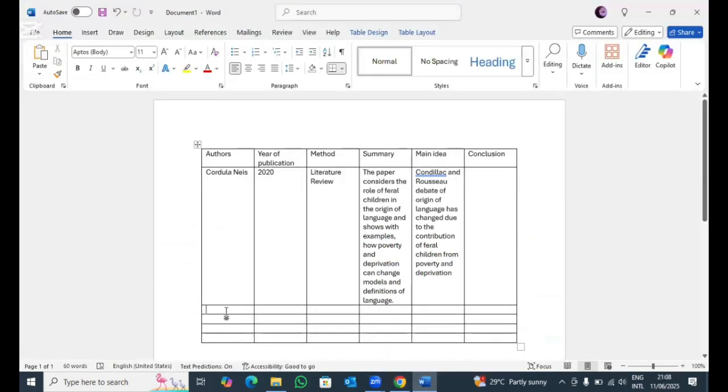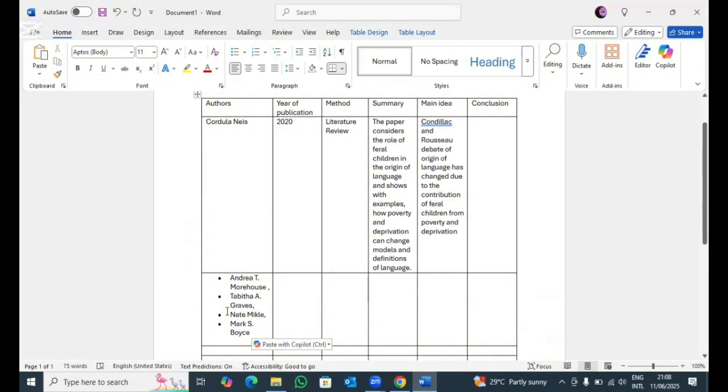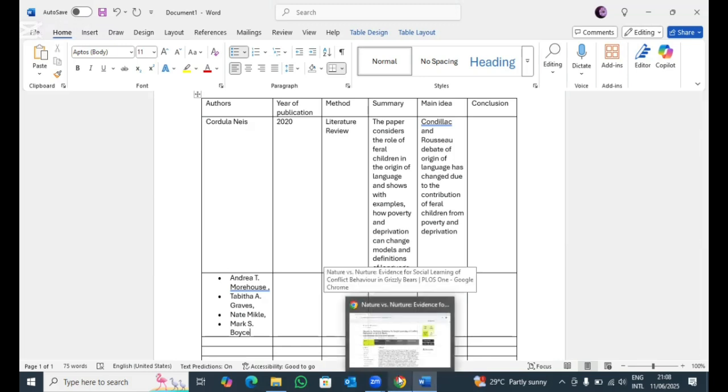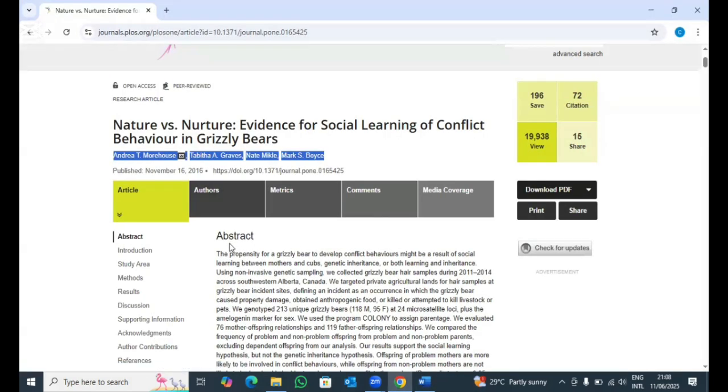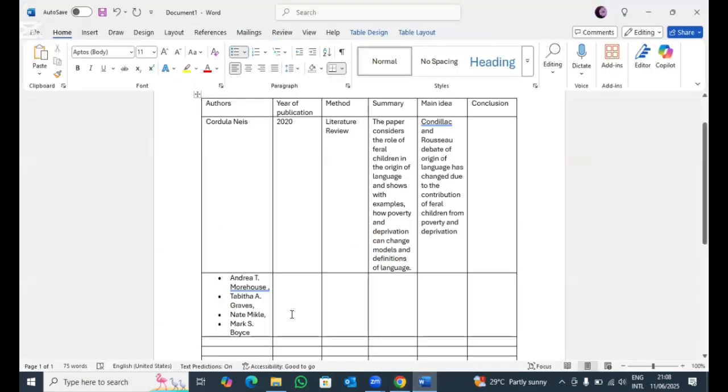Yes, ma'am. Okay. It might be in bullet points. You arrange it by yourself, but I'm not going to go into arrangements now because I want us to focus on the main idea. But arrangement is not important as far as you have it here. This is just to help you. The year of publication, published when? 2016. 2016, exactly. So publication year, you have 2016 down here.